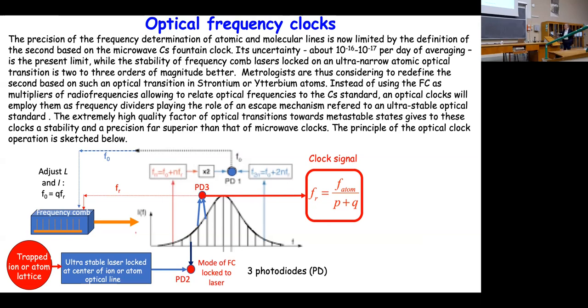You start with this frequency comb laser. You have this kind of spectrum. The first thing you do is you beat two modes together, you send the signal, and you fix the length of your cavity.